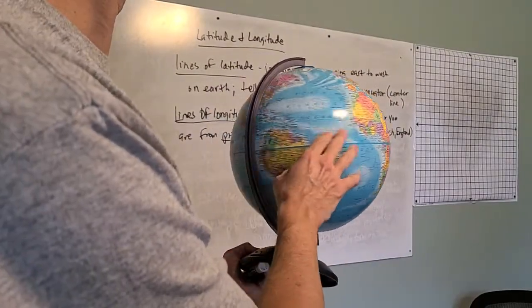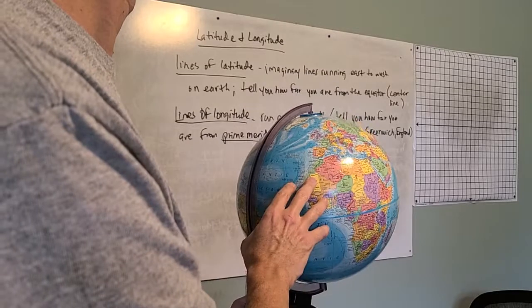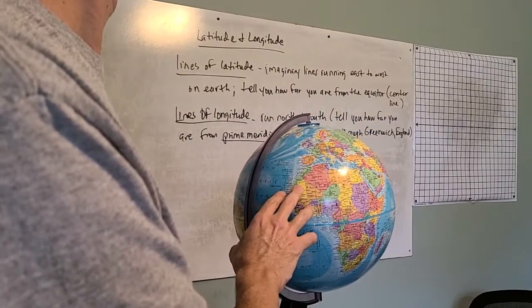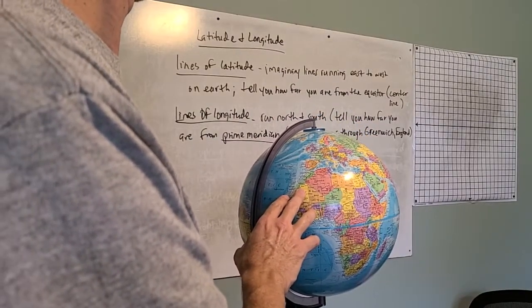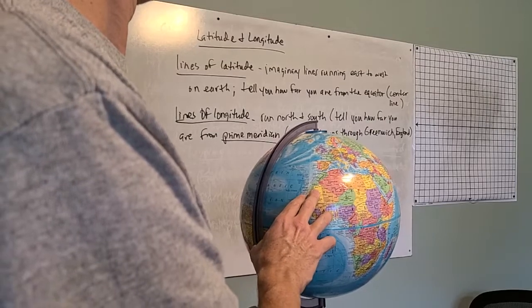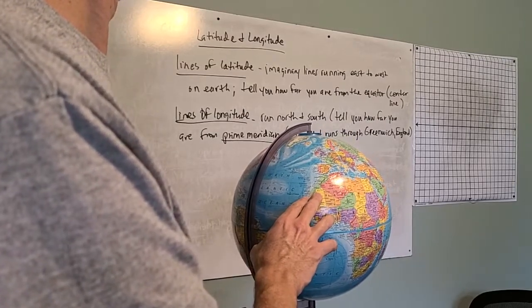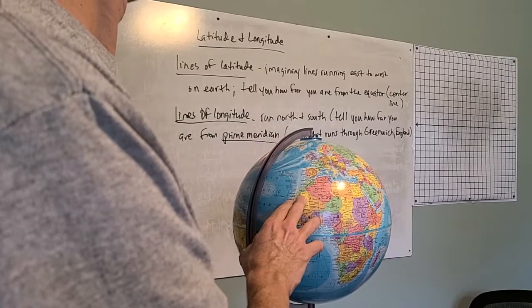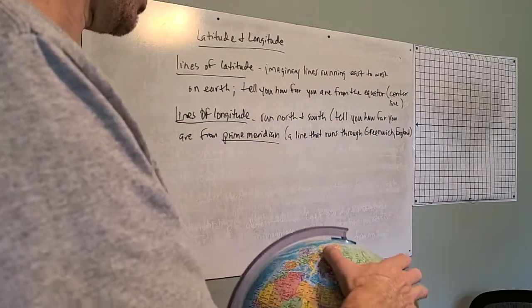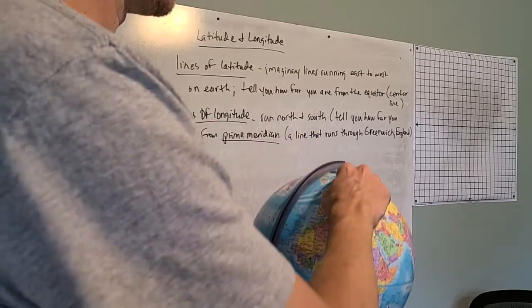Okay, and the same thing for longitude. Where is England? England's over here. I'm having a hard time finding that. Right here. So it's this line right here.